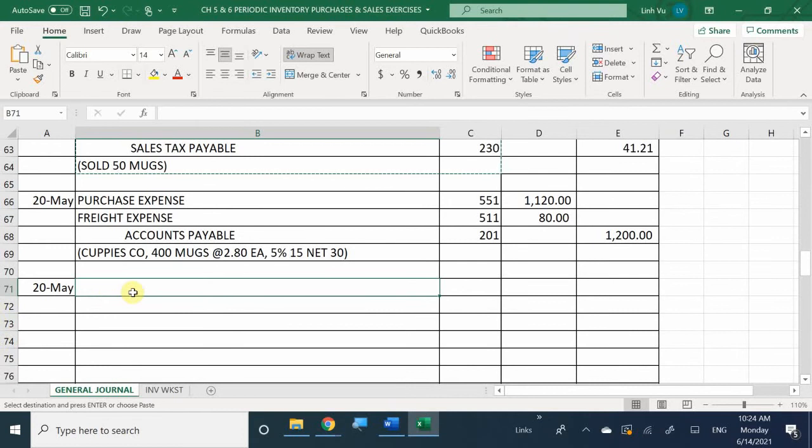Just look at your cash, look at your sales and sales tax payable.